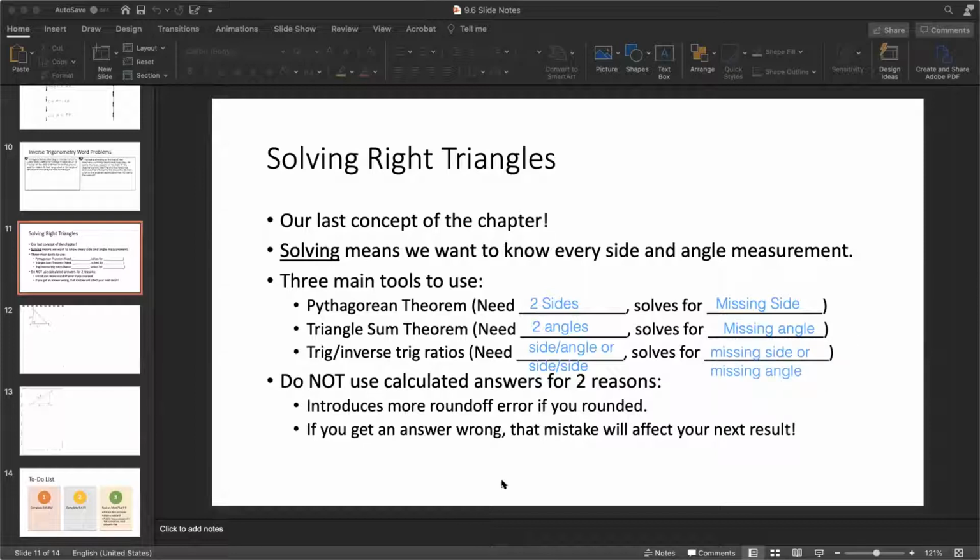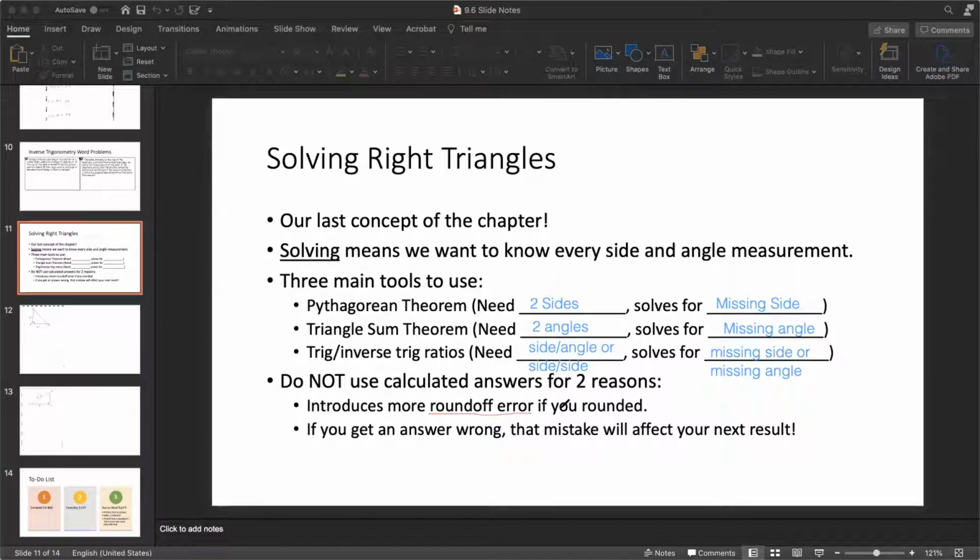Some other information. Do not use a calculated answer for two reasons. When we're doing these problems, you're typically going to be doing 3 calculations. And we have a couple reasons why we don't want to use a middle answer. One of them is that if we use a calculated answer and we rounded, we get round off error.